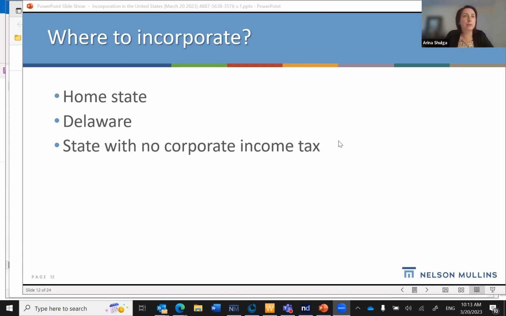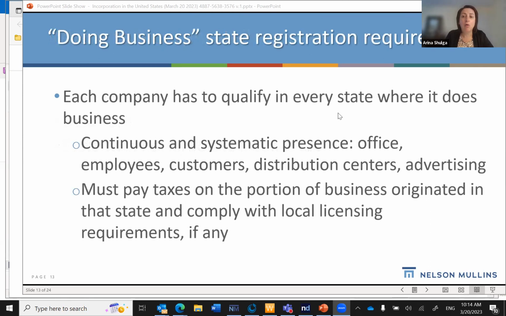Then there are also about 8 to 10 states that don't have corporate income tax. So to the extent that you are going to be doing business there, maybe it makes sense to incorporate there as well. One such state is Florida. Okay. Also, you need to know that you'll have the home state, I mean, the state where you incorporate.